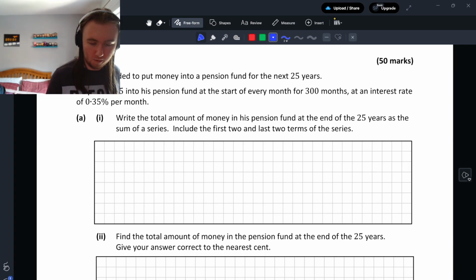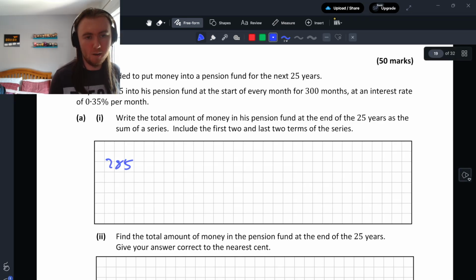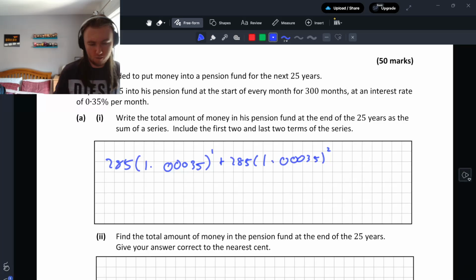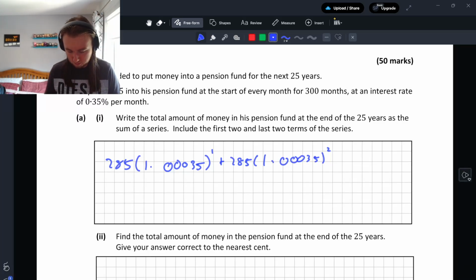So his first one is going to be 285 times 1.00035 to the 1 plus 285 times 1.00035 to the 2. I've got to make sure I'm looking at this right. 1 plus 0.35 as a percentage.